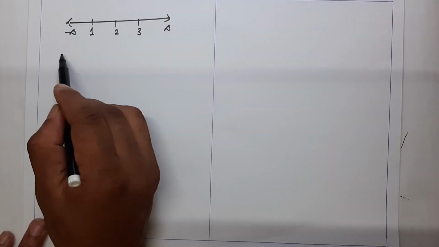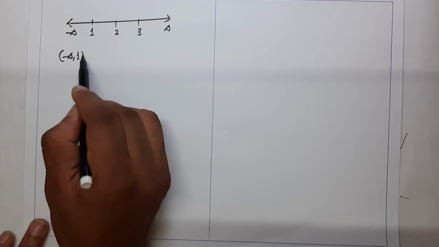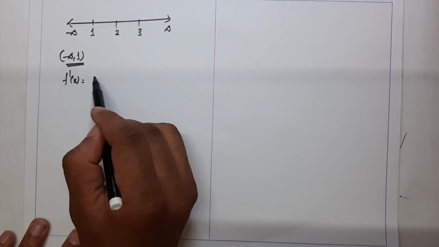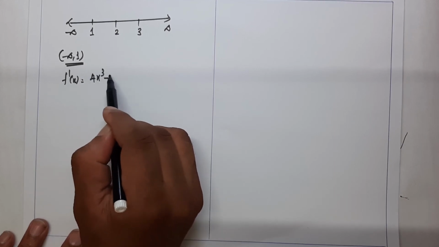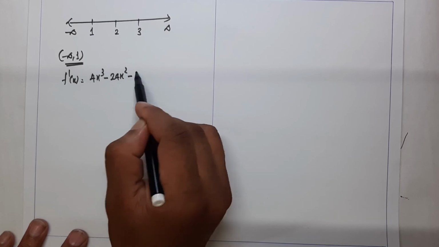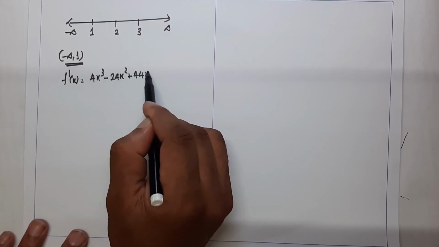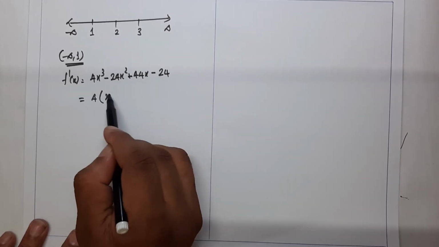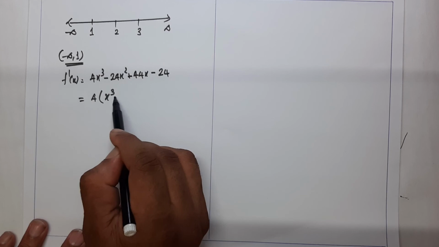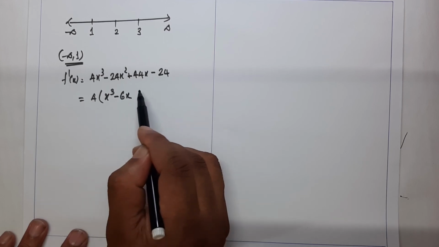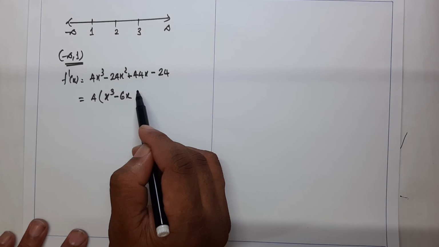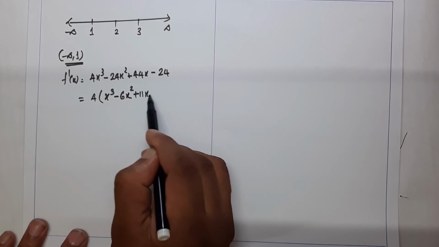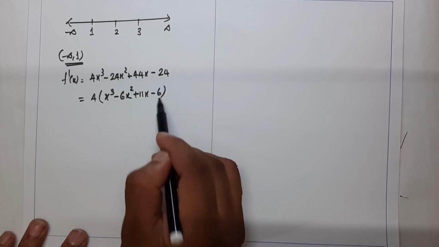Our first interval is minus infinity to 1, and our function f dash x, what is f dash x? 4x cube minus 24x square plus 44x minus 24. Here 4 is common, balance x cube minus 6x square plus 11x minus 6.